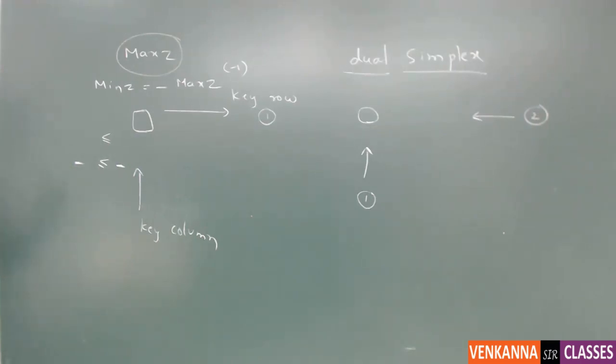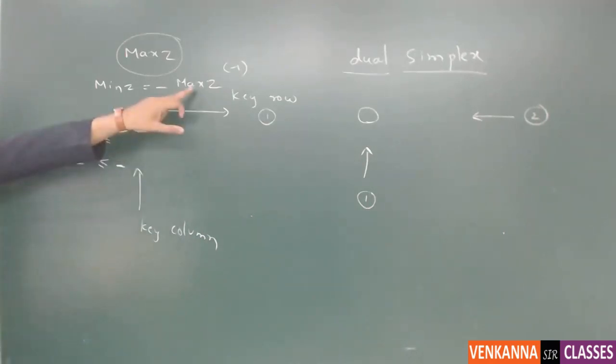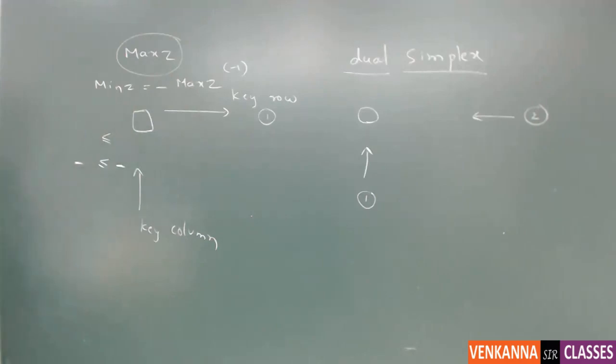So what we are doing here, we are following 3 steps. Step 1, the objective function must always be maximization. Whenever it is minimization, we multiply the objective function with minus. Step 2, all the inequalities must be of the type less than or equal to, so that there is no need of artificial variables here.